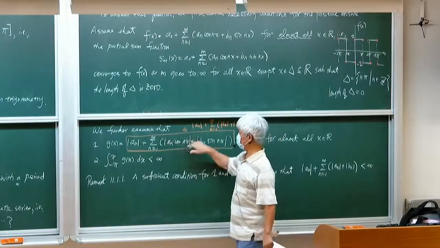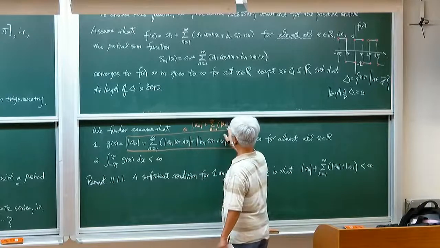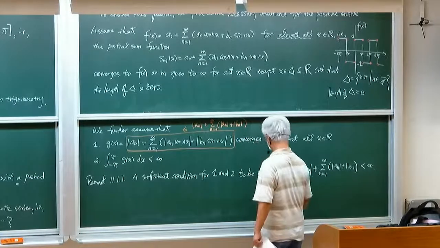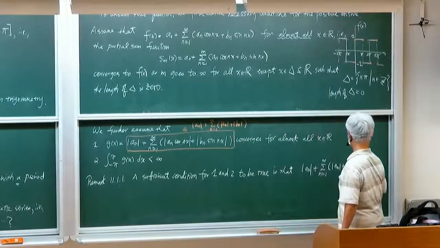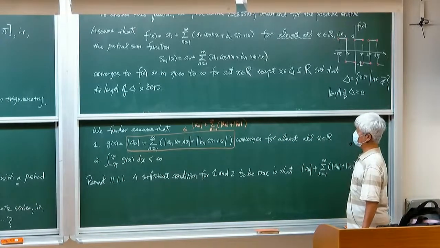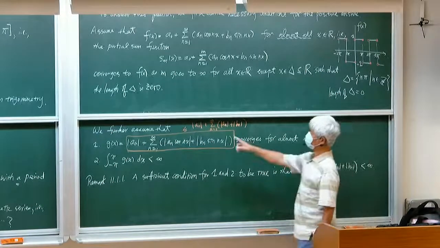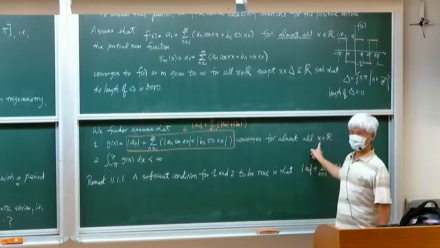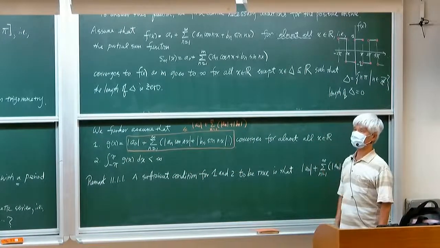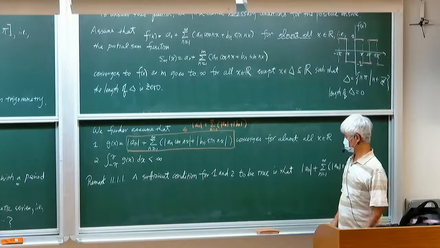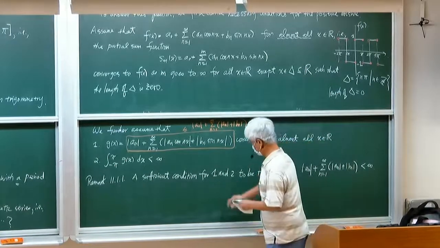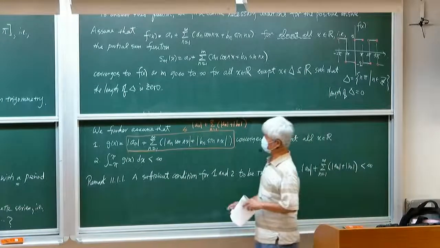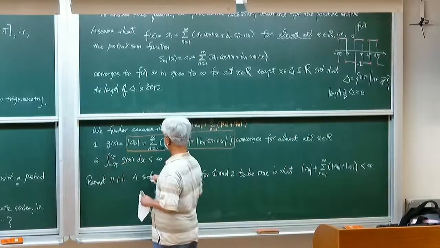So the series sum would be, and if this one is finite, then this series will converge for all x. So this is a simple but strong sufficient condition to guarantee that 1 and 2.